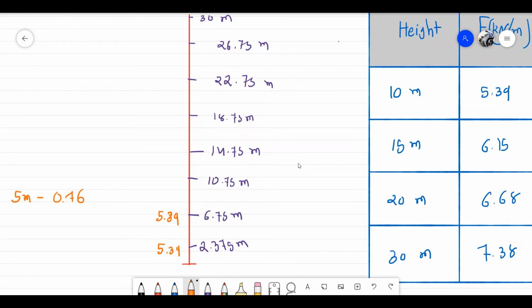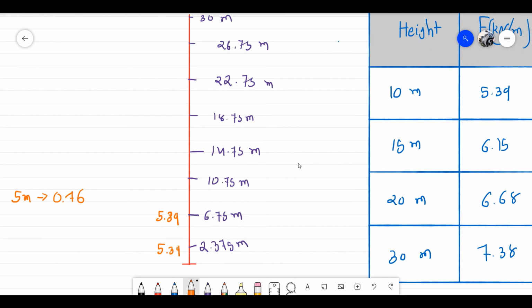So here is a difference. So for the 5 meter height difference, the force difference is 0.76.